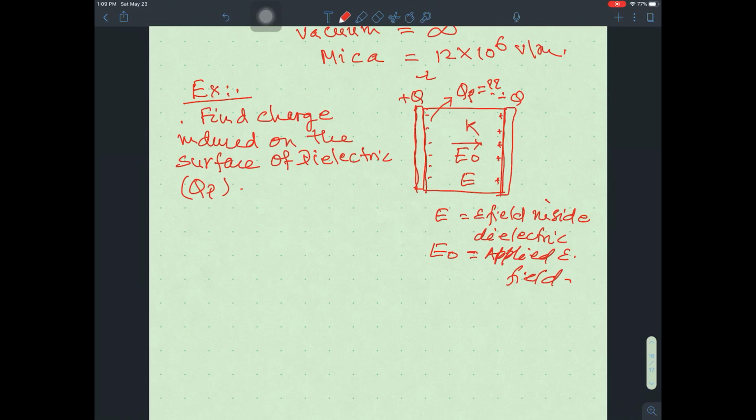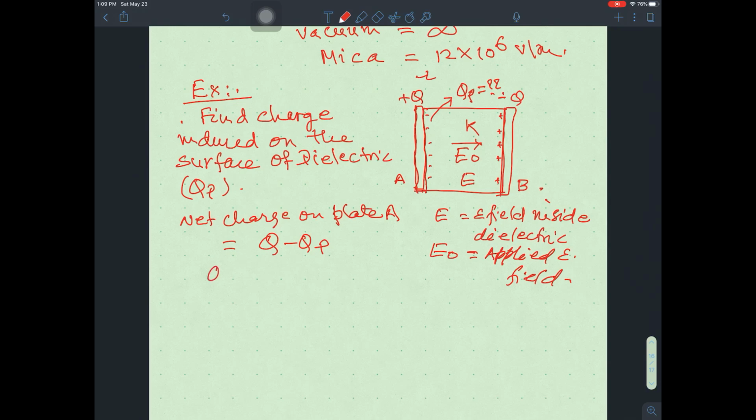Now here, the net charge on this plate is A, this plate is B. So the net charge on plate A is equal to Q minus QP. So the electric field due to this will be sigma by epsilon naught.